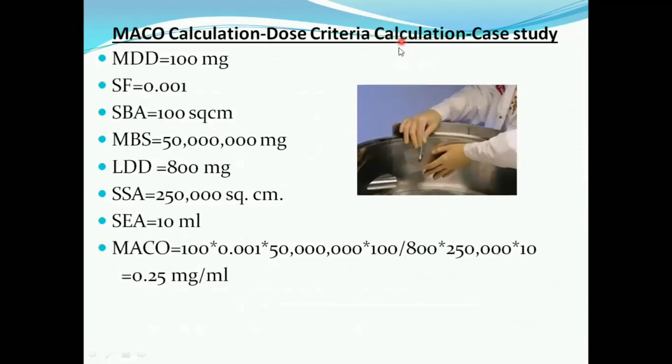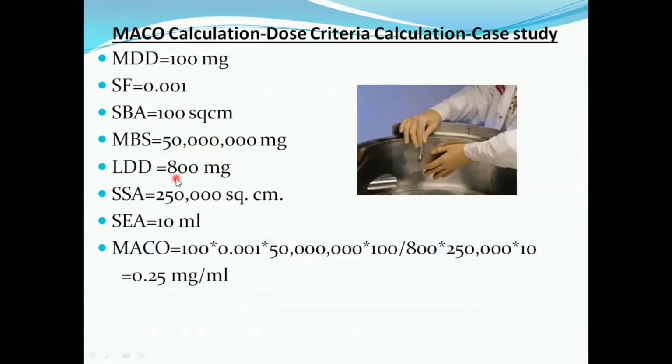Then friends, I'll explain a case study on the basis of three criteria. First, dose criteria calculation. If I take MDD as 100 mg, then I multiply by the surface area safety factor of oral tablet, that is 1 by 1000. This safety factor is different for different dosage forms. Then SPA will be 100 square centimeter, then minimum batch size 50,000 milligram, which I have converted in mg, that is 50 into 10 to the power 6.